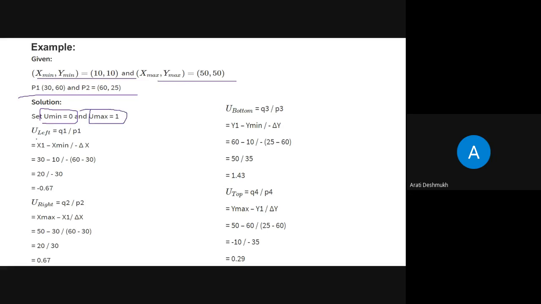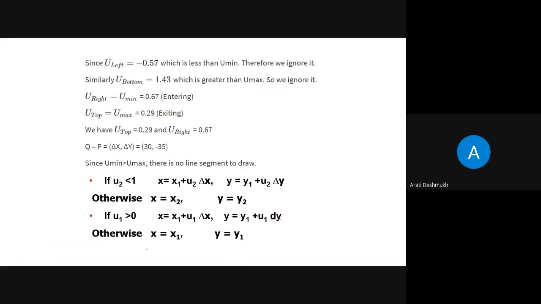So for left, this is r. r is equal to qk upon p1. Again, this is for the right, this is for the bottom, and this is for the top. We have to just put the values, and after that find the minimum and maximum.